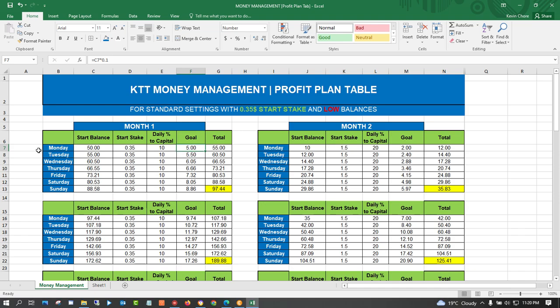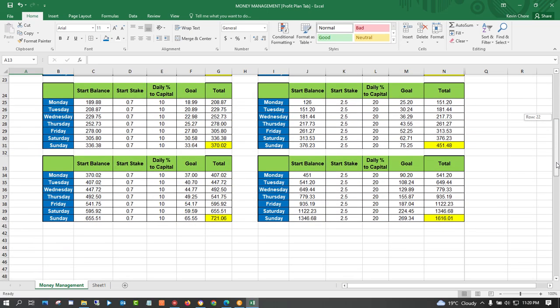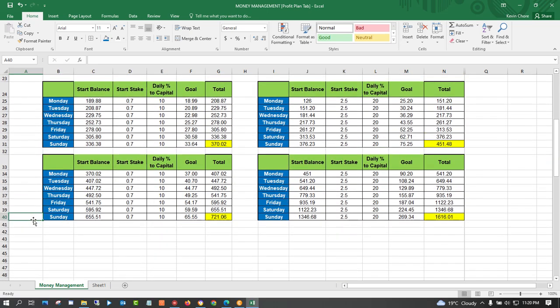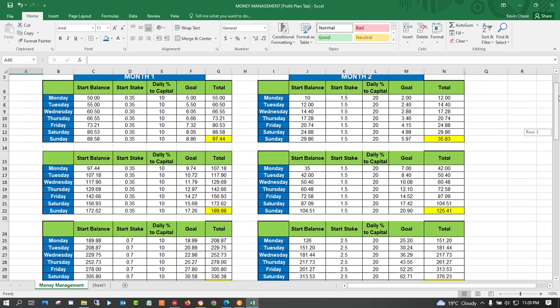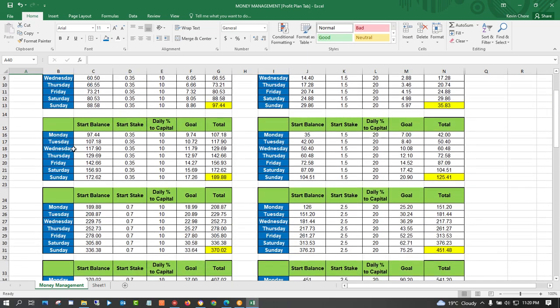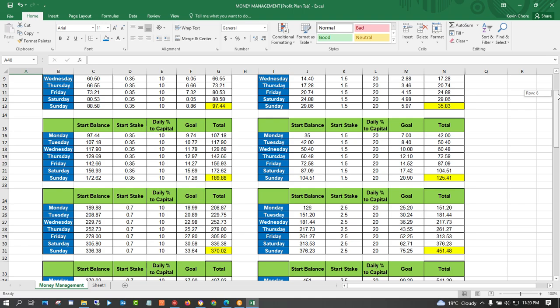So this is day 1, this is day 2, this is day 3, this is day 4, day 5, day 6, day 7, until day 30 over here. And this is 4 weeks. This is actually 28 days, because it's 7 multiplied by 4, which is 28.